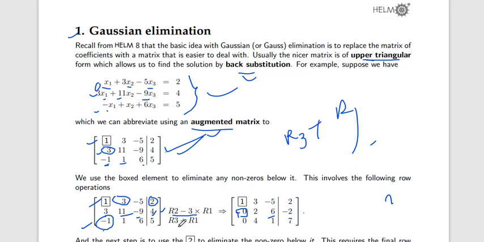R3 plus R1: 3 plus 1 is 4, -5 plus 6 is 1, 2 plus 5 is 7. So in the first column, below the first row, we get 0. About 63% of the work is completed.